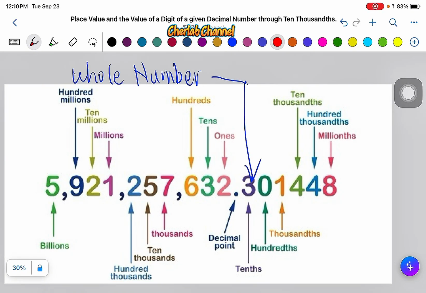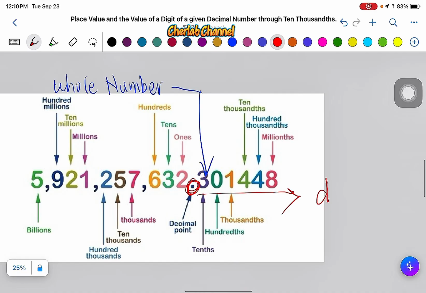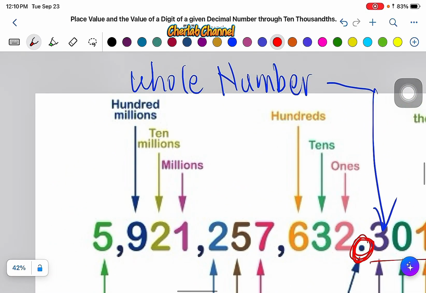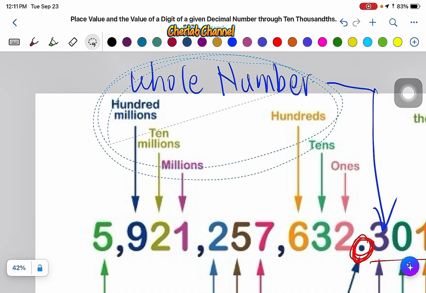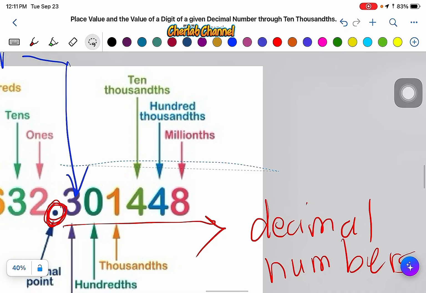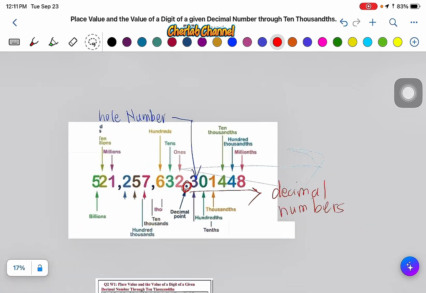While the numbers from the decimal point papunta sa kanan are what? Decimal numbers. Okay? So again, numbers from the decimal point papunta sa kaliwa are whole numbers, while from the decimal point papunta sa kanan, they are the decimal numbers.